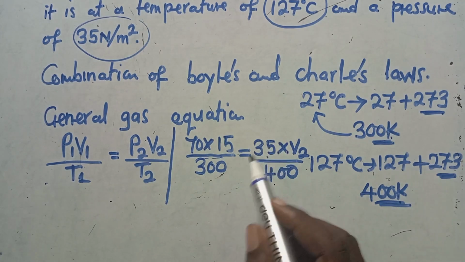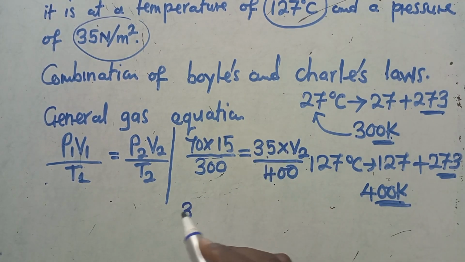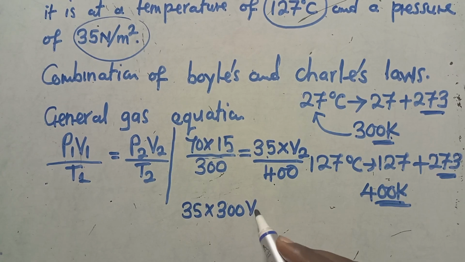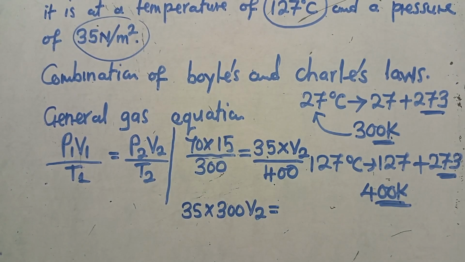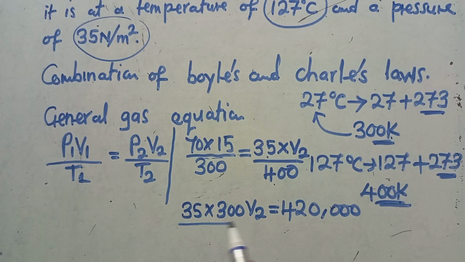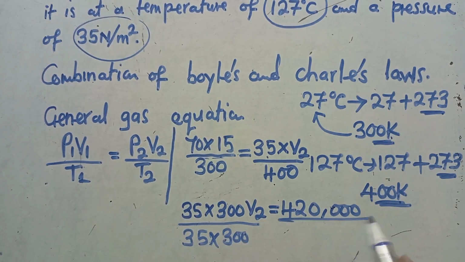So I multiply these, meaning I'm going to have 35 multiplied by 300 times V2, which is equal to 70 times 15 times 400. I divide both sides by 35 times 300.